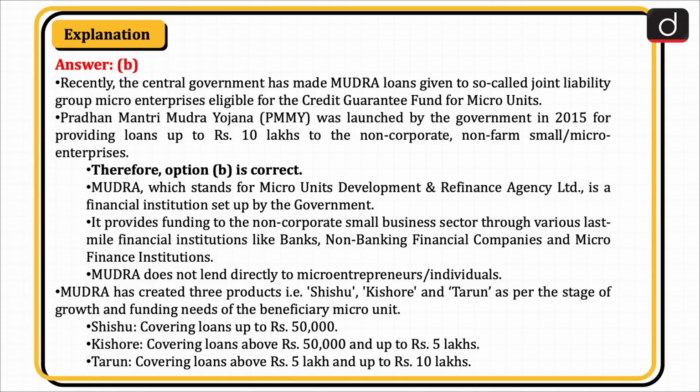Mudra has created 3 products, that is Shishu, Kishore, and Tarun, as per the stage of growth and funding needs of the beneficiary micro unit. Shishu covering loans up to rupees 50,000, Kishore covering loans above rupees 50,000 and up to rupees 5 lakhs, and Tarun covering loans above rupees 5 lakh and up to rupees 10 lakhs.